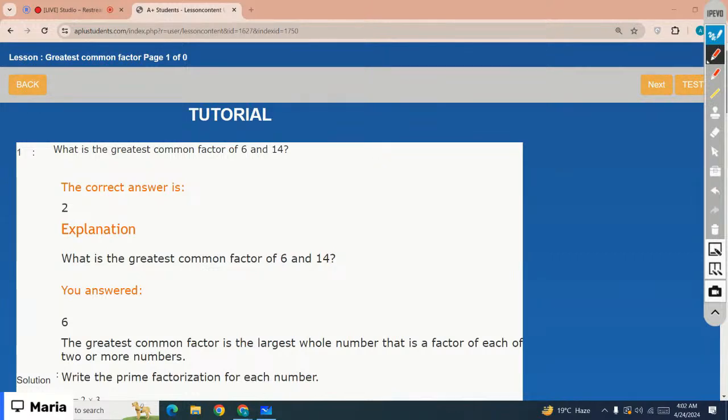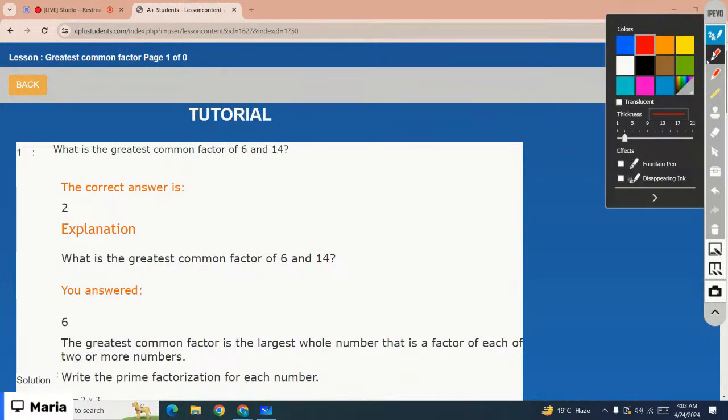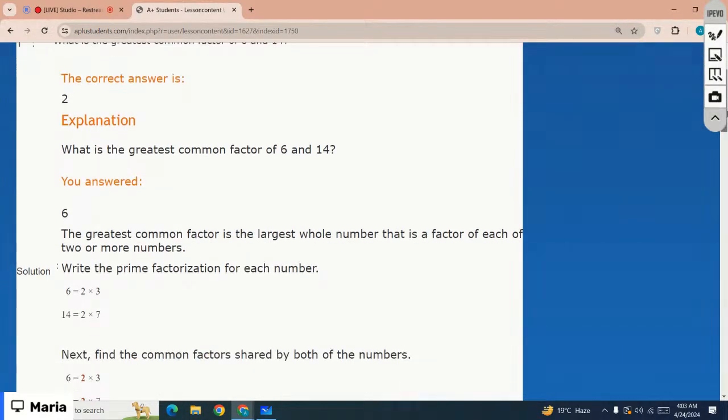You can do it two ways. One way is by using the prime factorization method.